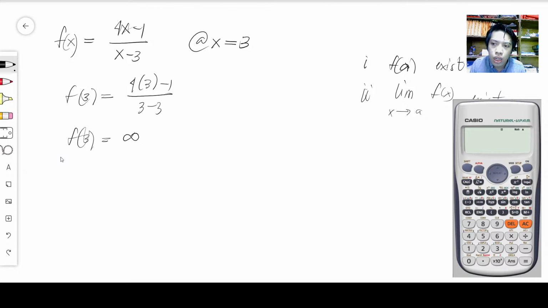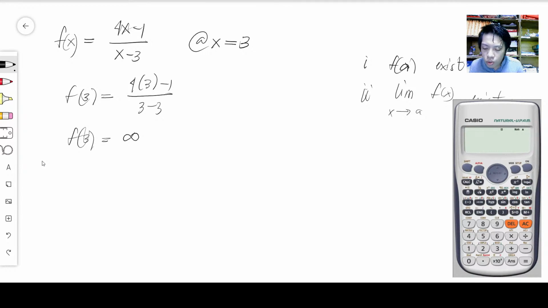Let us try to solve. So we know that number 1 is undefined. So let us try to solve if this is continuous, if the limit of the function exists. So how do we do that?